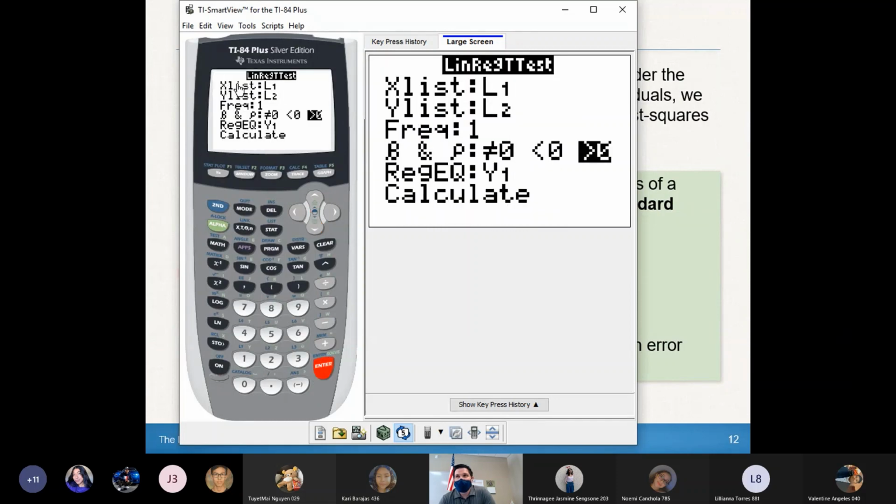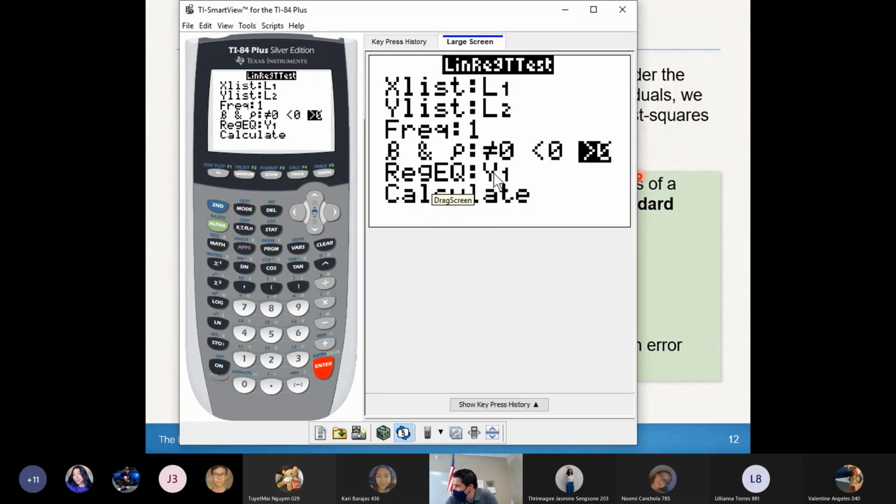Again, we'll use the same X and Y list that we used previously. This is going back to the previous example with the SEC football teams and points scored versus wins. We need to change the frequency. We're not dealing with this row, the beta and rho, all that stuff. Don't worry about that. For the regression equation, the thing that we're checking to see how far each point is away from is stored in Y1 still.